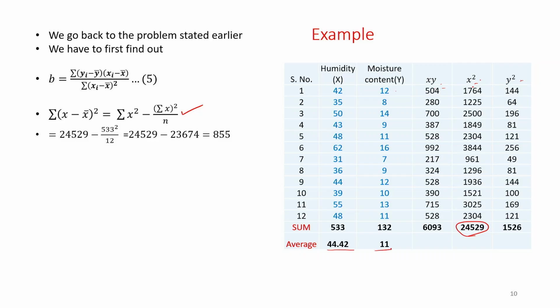And then sigma x whole square divided by n. Just substitute the values from here: 24529, and this value is 533 for sigma x whole square by 12. There are 12 data points, or paired data. So the figure is 855.